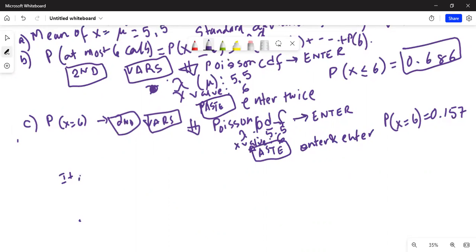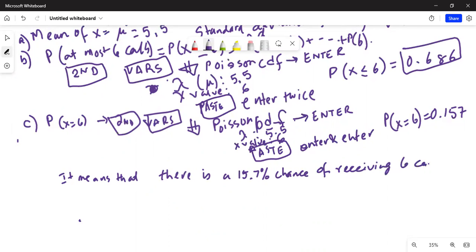It means that there is a 15.7% chance of receiving 6 calls at noon.